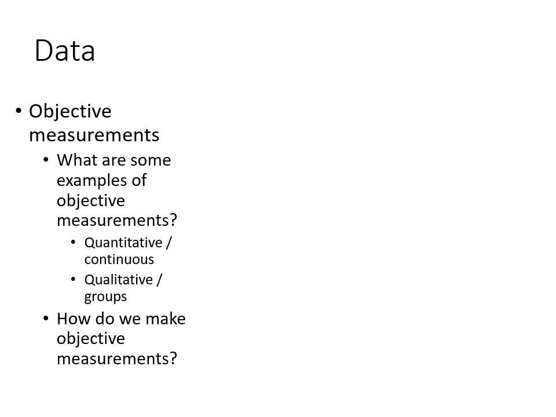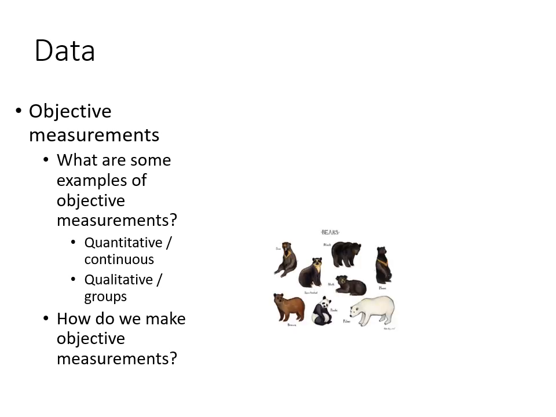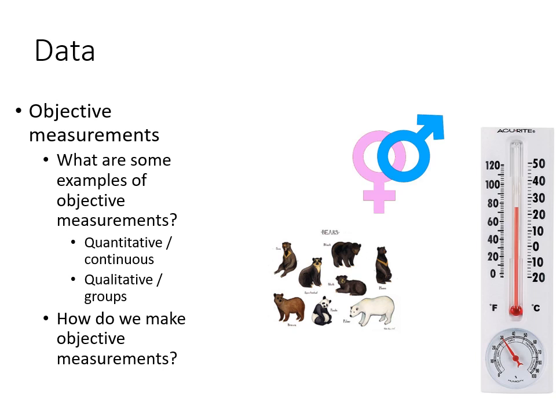So we can break data or objective measurements into two different types: quantitative and continuous variables or measurements, and qualitative or grouping measurements. So the types of bears would be a qualitative measurement. Male and female, we're putting individuals into two groups, so that would be qualitative.